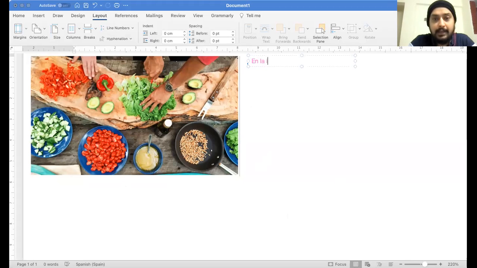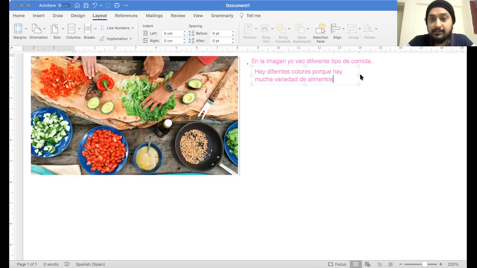So en la imagen yo veo diferente tipo de comida. I can see different types of food. Hay diferentes colores porque hay mucha variedad de alimentos.